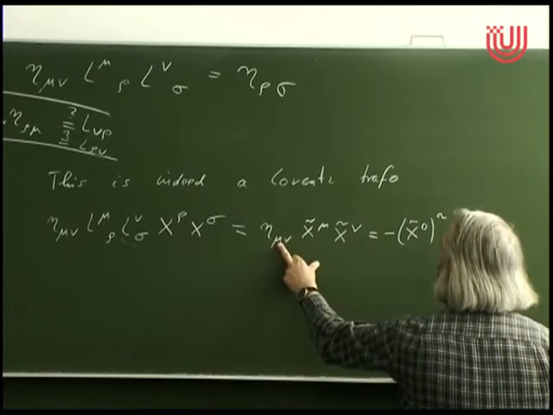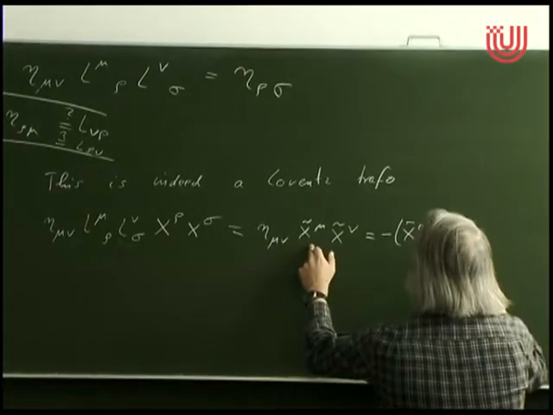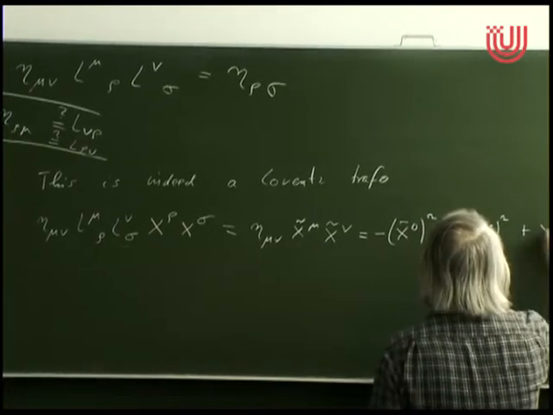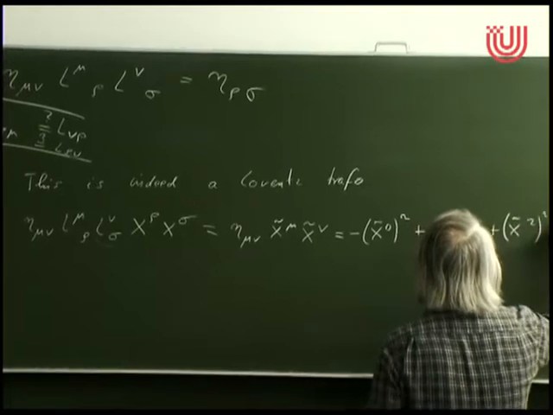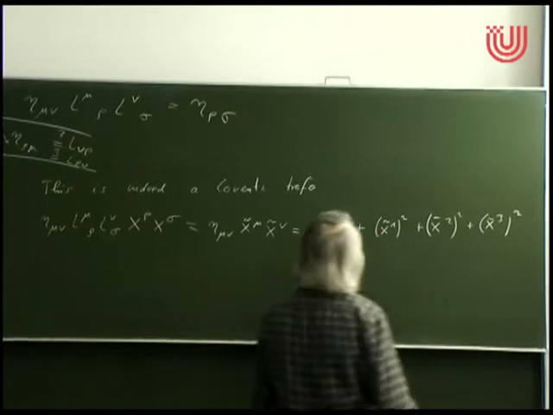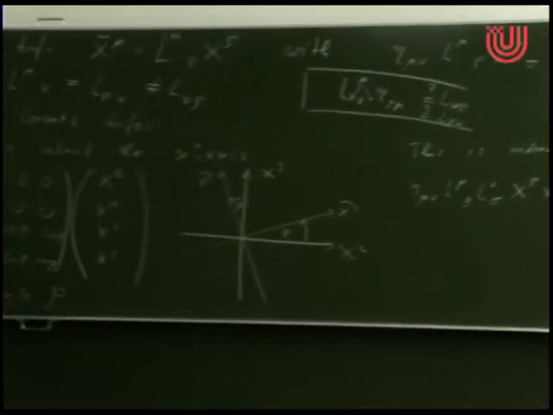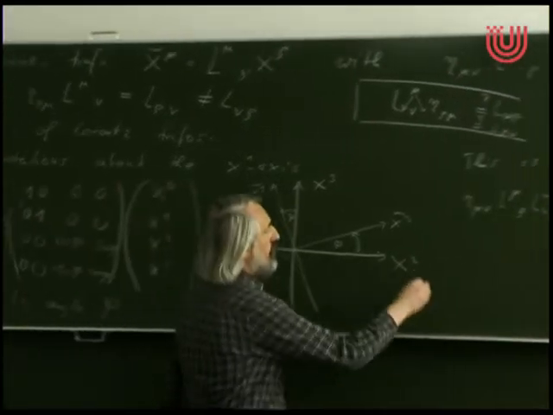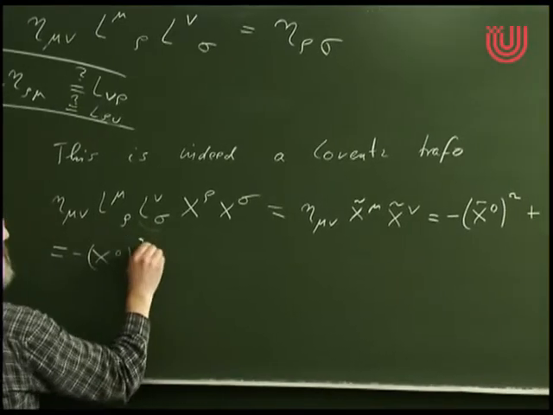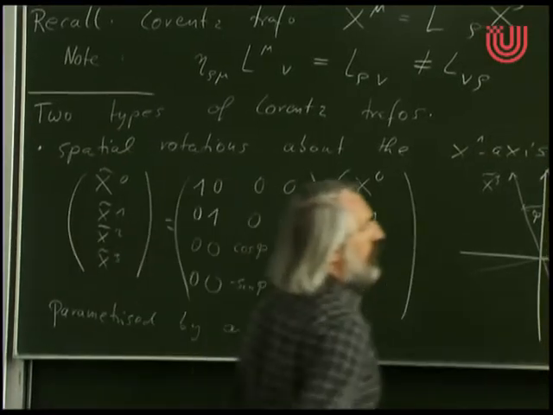The next one comes when both are 1. And then I have here a plus 1. And here I get x1 tilde squared. And equivalently for the others, x2 tilde squared and x3 tilde squared. So that's what we have to calculate. And I can read this from this equation. So x naught tilde is the same as x naught. So this is minus x naught squared. x1 tilde is the same as x1.